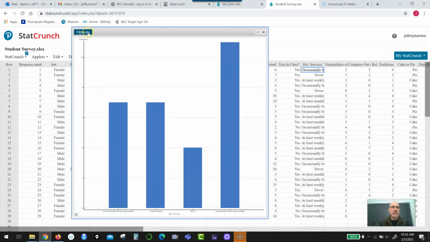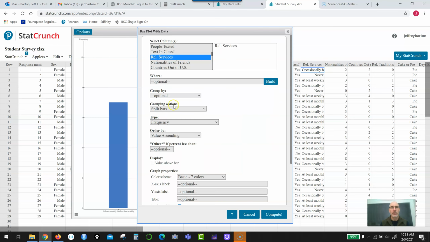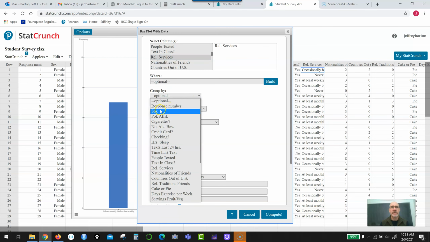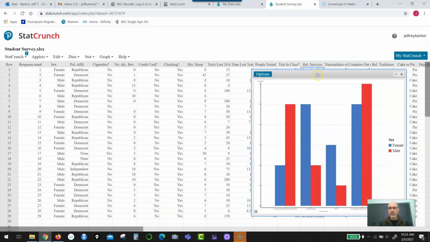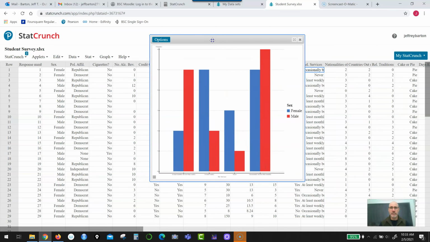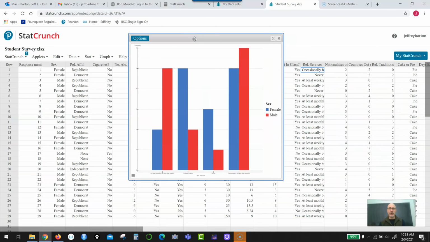Now, let's look at options. And let's see if there's any difference among males and females for this one as well. So I'm going to group by sex again. And then what we get is a side-by-side bar chart where we get the counts for females in blue and males in red.